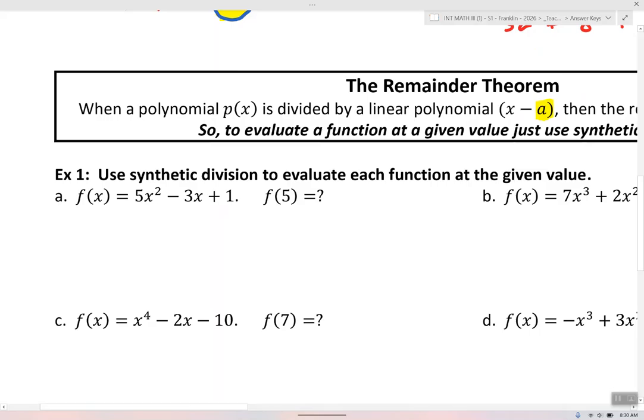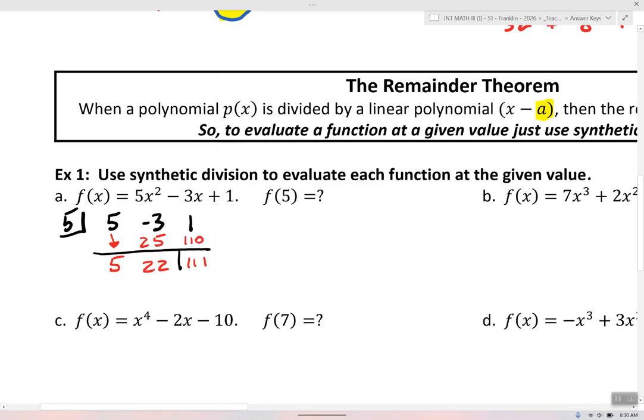Okay, for example 1a, we're going to put 5 in the box here. Our coefficients are 5, negative 3, and 1. Now bring down the 5. 5 times 5 is 25. 25 plus negative 3 is 22. 22 times 5 is 110.